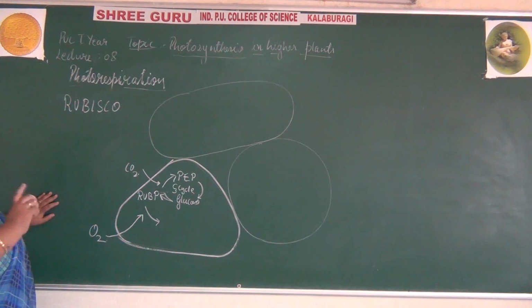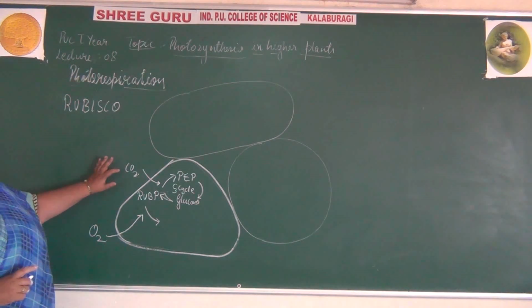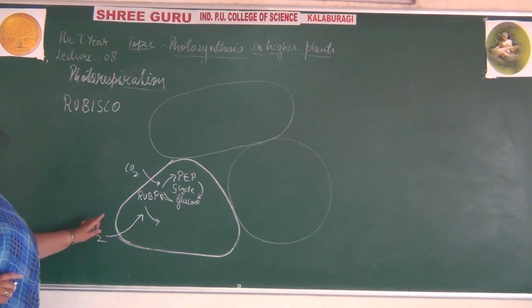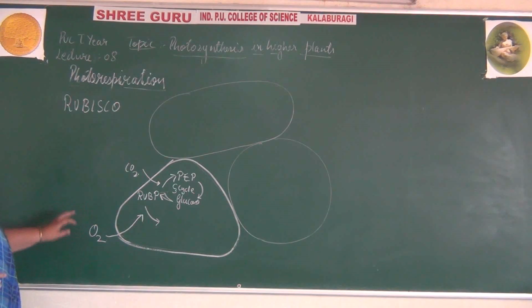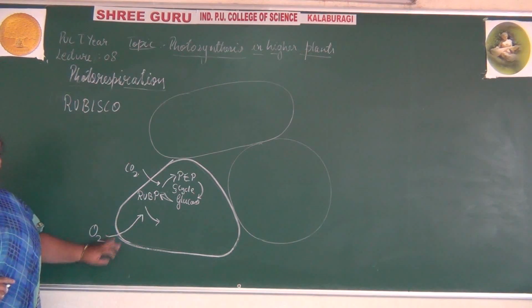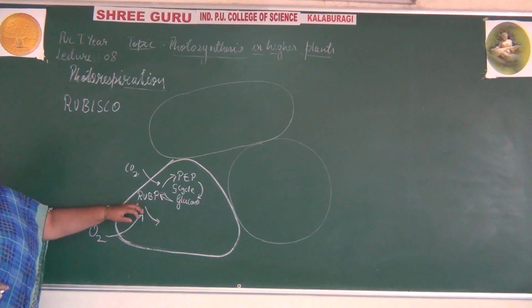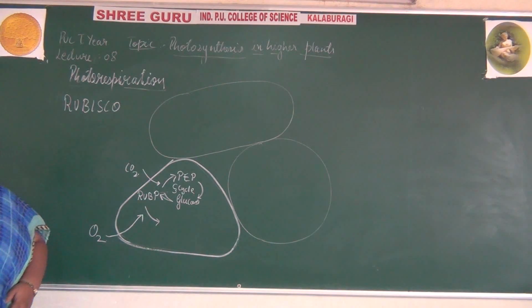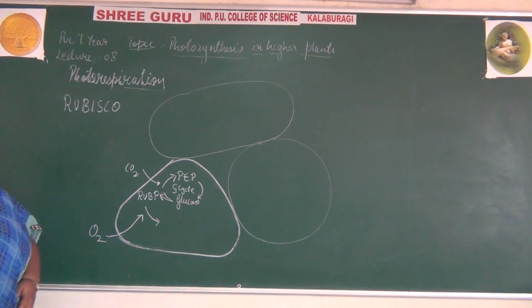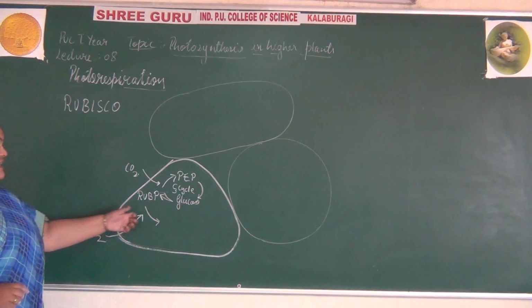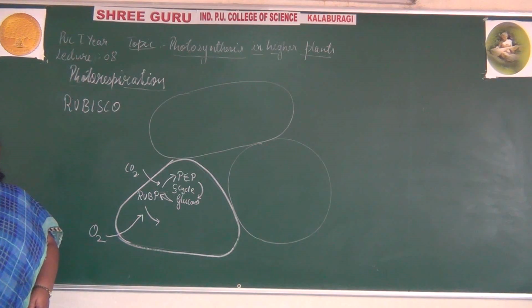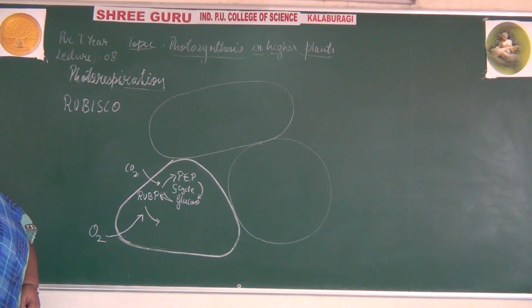Yes, so in case the concentration of carbon dioxide decreases in the atmosphere, in the chloroplast, ribulose bisphosphate undergoes oxidation. It absorbs oxygen, and RuBP undergoes oxidation to form phosphoglycolic acid.